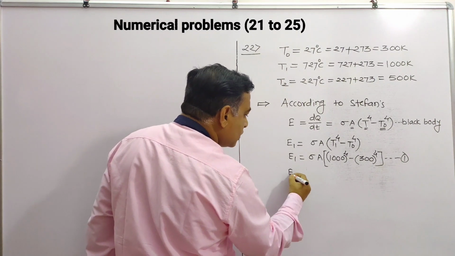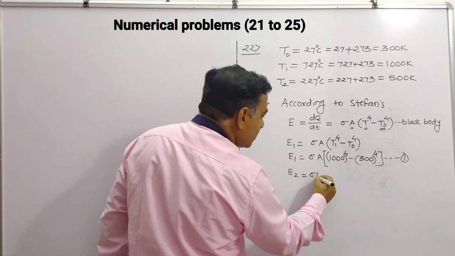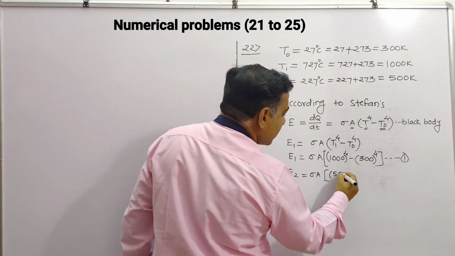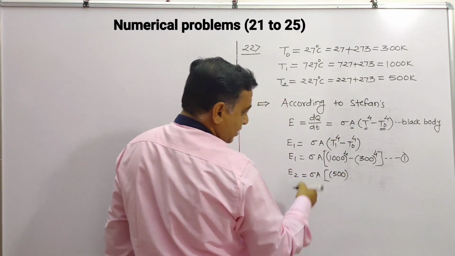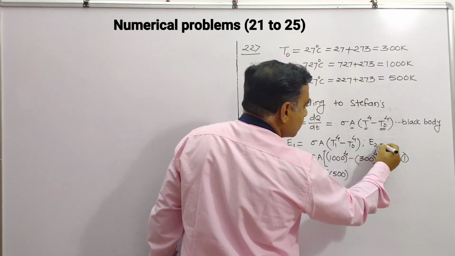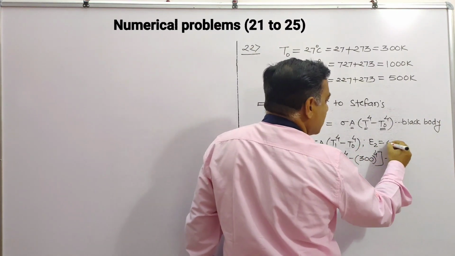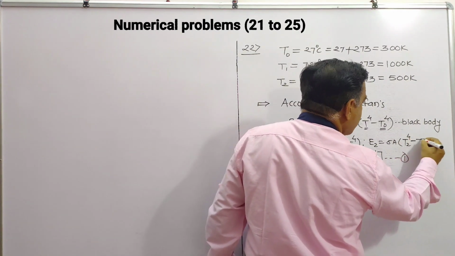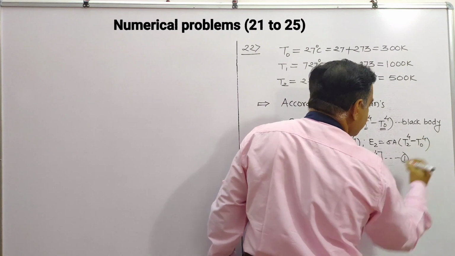What about E2? E2 is taken as sigma into A into, the second temperature, that is 500, that is T2. Two equations, for E1 and E2. I am going to write here the equation: sigma into A into T2 raised to power 4 minus T0 raised to power 4.